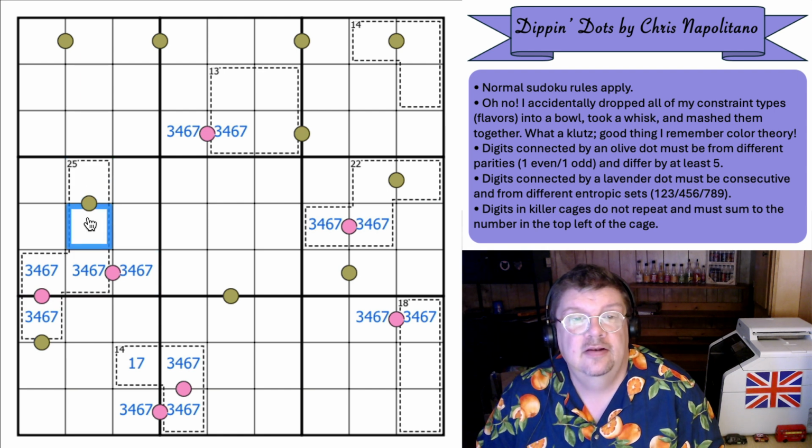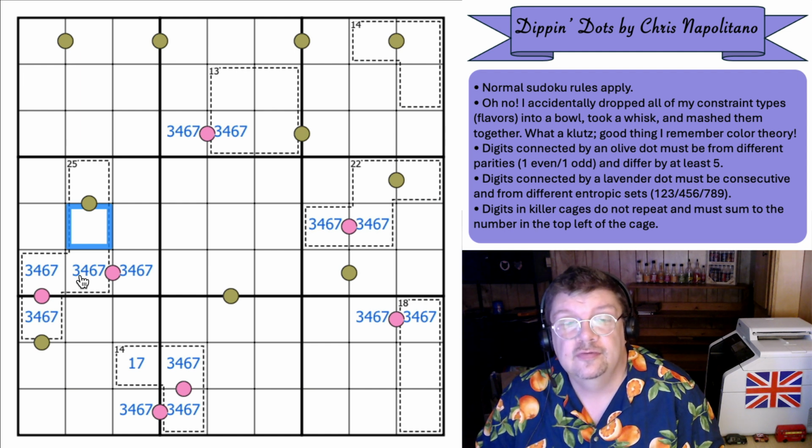This cell and this cell see both of these, 3 of them by box, 1 of them by cage. And we know they're 4 different digits.